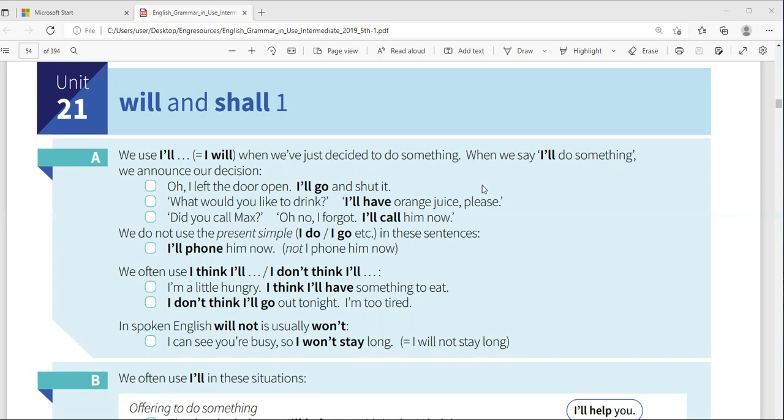For example, our flight arrives on Friday. Our flight leaves London at 6 o'clock. And 6 o'clock is not now, it's maybe tomorrow morning. And you are saying our plane leaves. Why am I saying leaves? And it is future. Why am I using present simple? Because timetables are always like that.